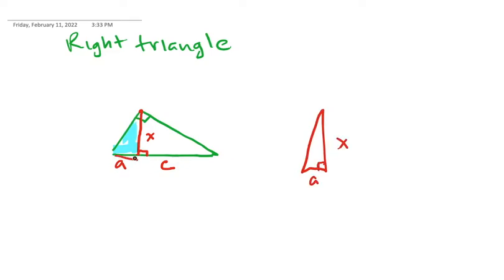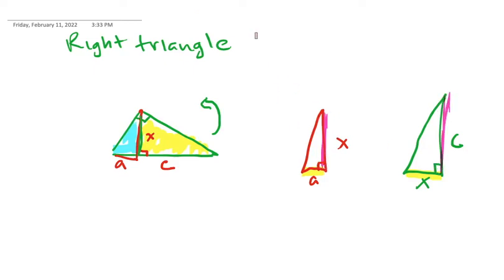The small leg is A, the long leg is X. Then if I take this other triangle and rotate it, and I'm coloring it yellow, if I rotate it this way and face it so it's facing the same way, you're going to have the short leg on this one is X, but the long leg is C. So because these are similar by angle, we could see this short leg will match with short leg. This longer leg will match with this longer leg.